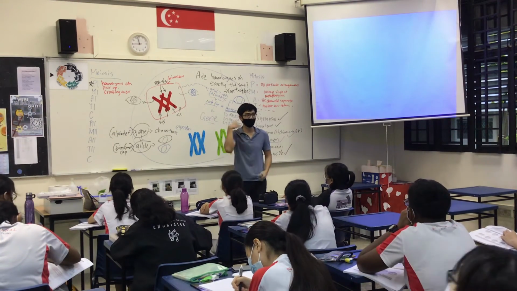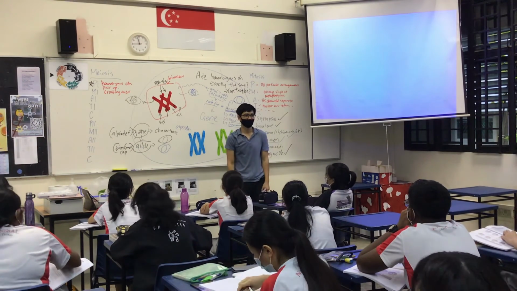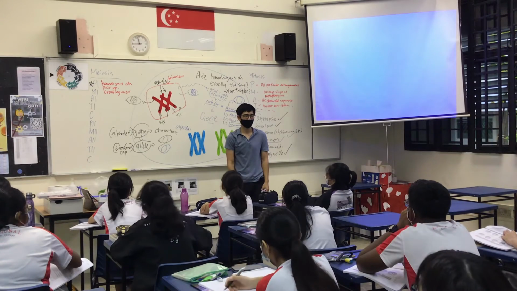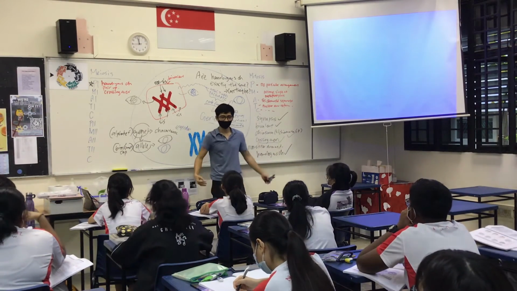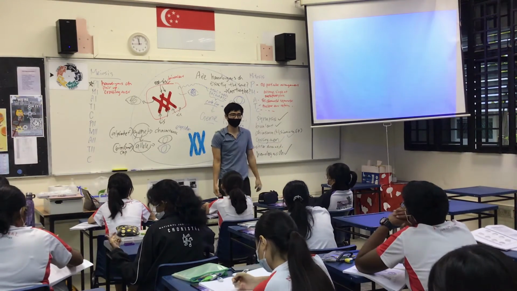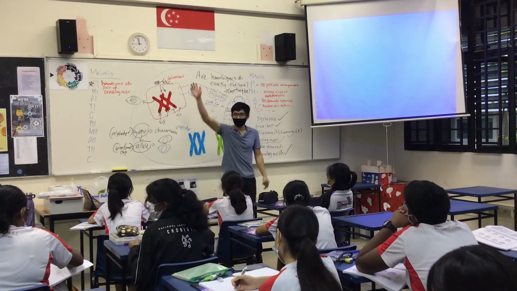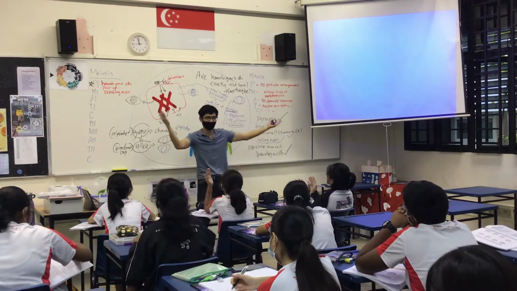Now let me do a thought experiment. What would crossing over look like between sisters? It won't change anything, but what would it look like if the chromosome crossed over between its sister chromatids? If this is one sister chromatid and this is another sister chromatid, what would the dance move be?